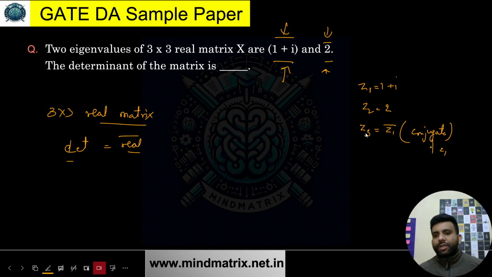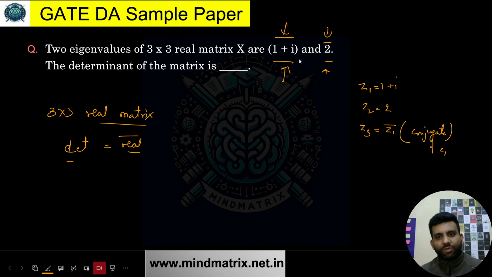As I mentioned, you get the eigenvalues by finding the roots of your characteristic equation. Remember that. If complex roots exist, they always exist in pairs. There always exists a conjugate pair for each complex root.